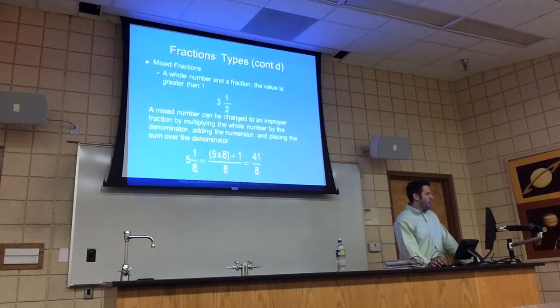All I have to do is take 8 times 5 plus 1. That'll give me 41/8. Or you can do it like this, 5 times 8 plus 1. But I just do it in that C fashion, okay? So that way, 8 times 5 is 40 plus 1 is 41. That's the easiest way to do it, okay?